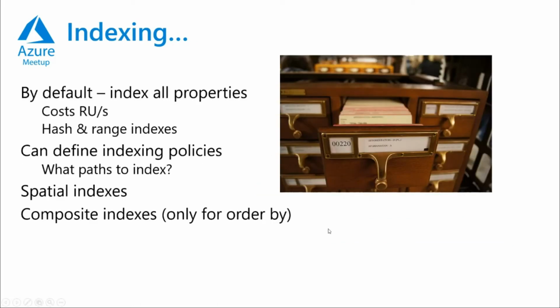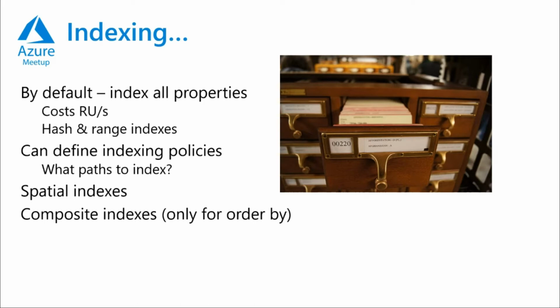Now, let's talk about indexing and something really, really interesting that we have to understand. By default, Cosmos is going to index all of your properties, all of them. Now, that has a very nice result. That means that you can query on any one of those fields.